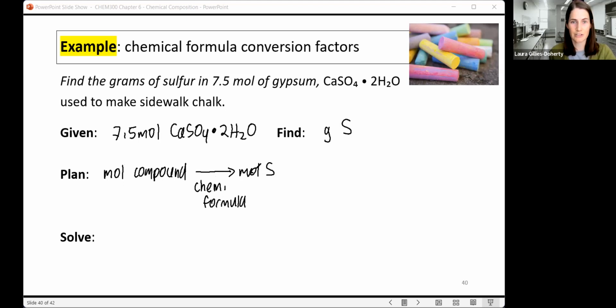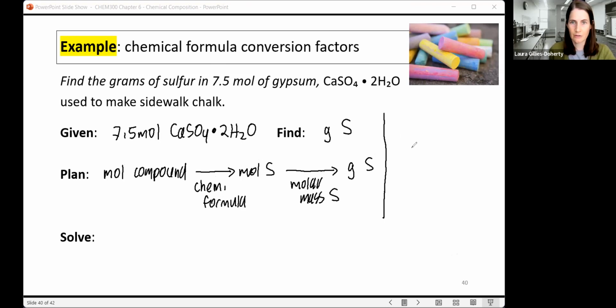If we were given moles of sulfur, we wanted to know how many moles of calcium sulfate dihydrate that would correspond to, we could take this in reverse. And then we've practiced already. If you have a mole value of a substance, you can convert that to grams using the molar mass.